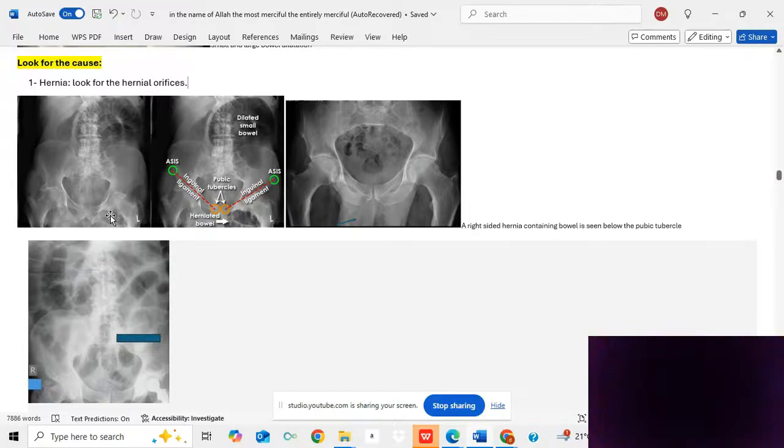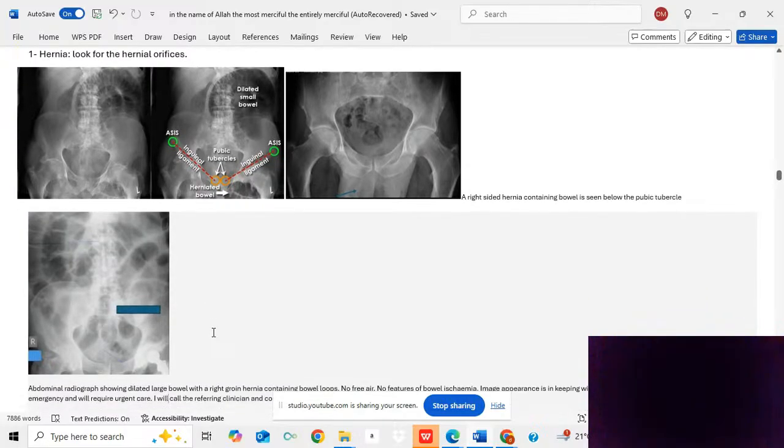Yes, this is a herniated bowel. If you draw a line here and the line here, this is the inguinal ligament. If any bowel loop is seen traversing the pubic tubercles, this is a right-sided hernia containing bowel seen below the pubic tubercles, okay, herniated bowel.